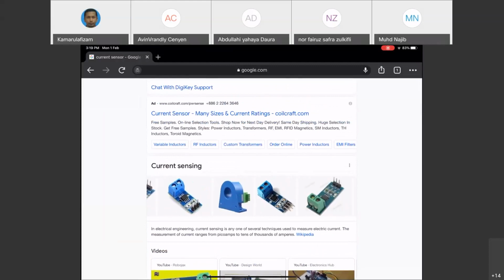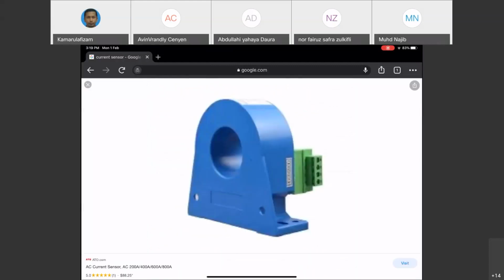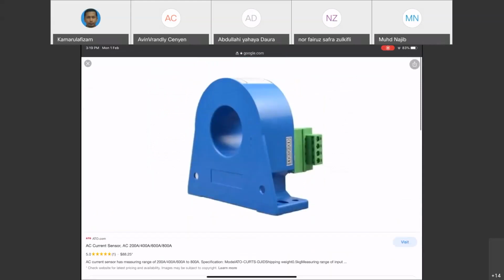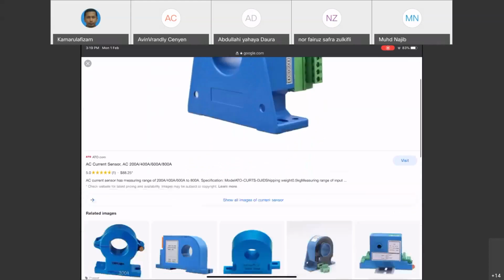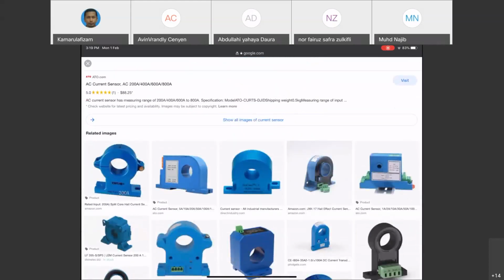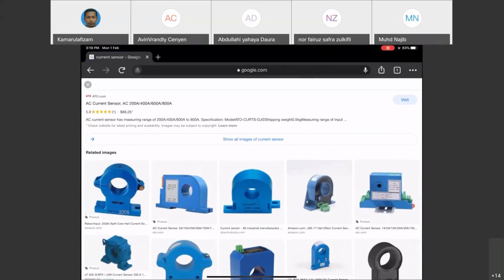This looks interesting. All right, let's look at this. Wow, they can go up to 200. Okay, I only need something at 10 amps. So here it goes up to 200. This is a lot.